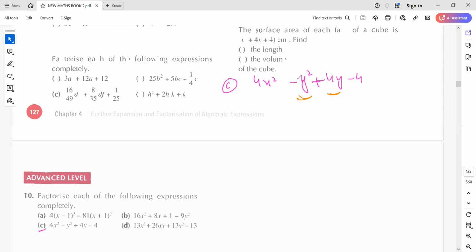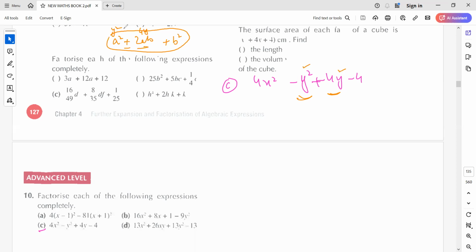So that is an indication that we would be applying the identity a squared 2ab b squared, whether with a plus sign or a negative, to be decided later on. But we need to observe that it will be applied on the variable y, because y squared and 4y terms are there. This could resemble this and this could resemble this.